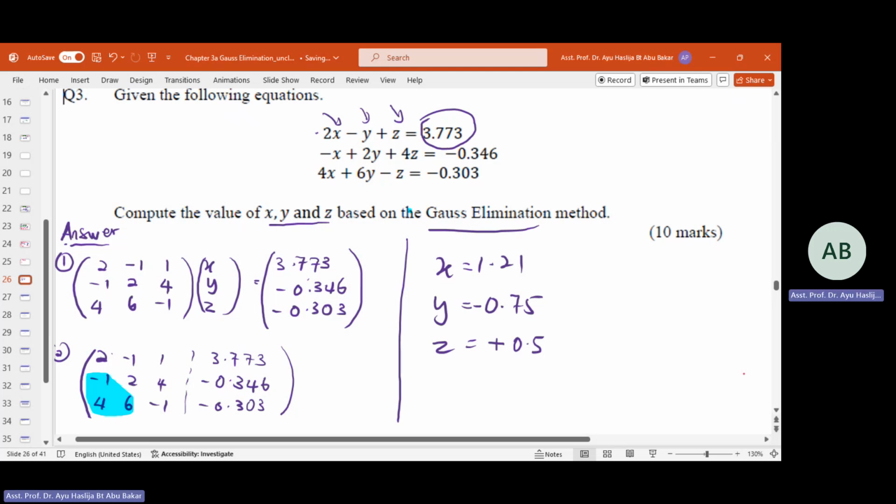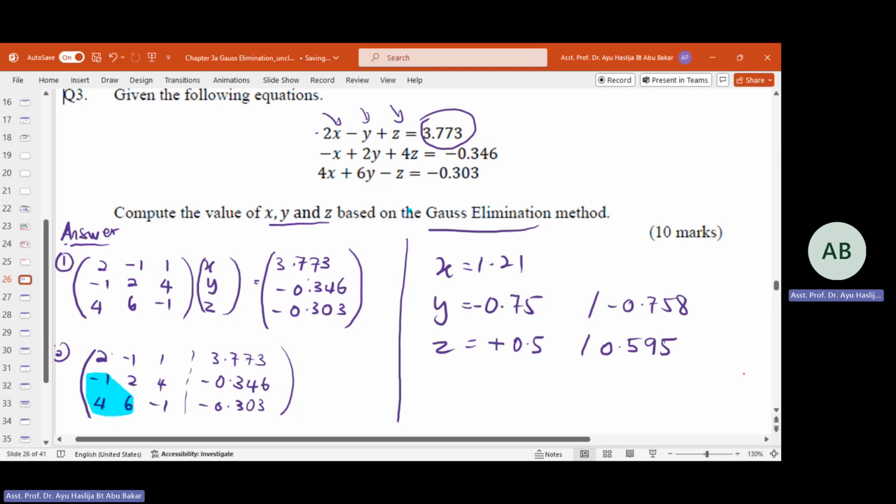Y is 0.75, negative? 0.758, 3 decimal points. Yeah, and Z is 0.595.